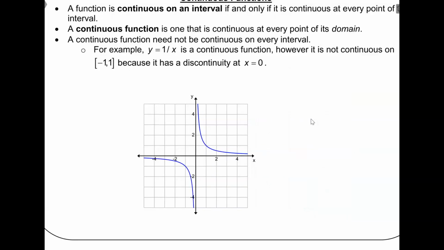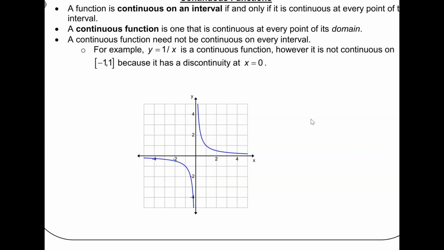Okay, so when I go back here, this is only going to be continuous everywhere where it's not discontinuous. Let me rephrase that. A continuous function is one that's continuous at every point of its domain. It doesn't mean it's continuous from negative infinity to infinity. It just means for its domain.